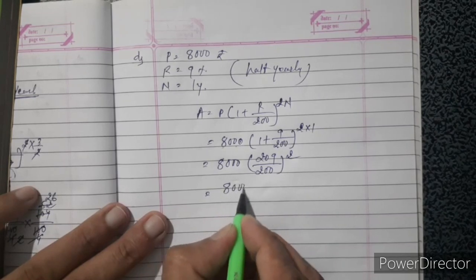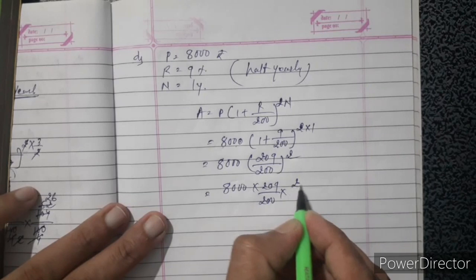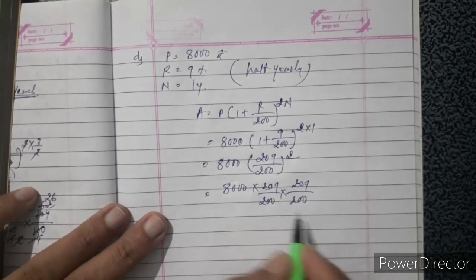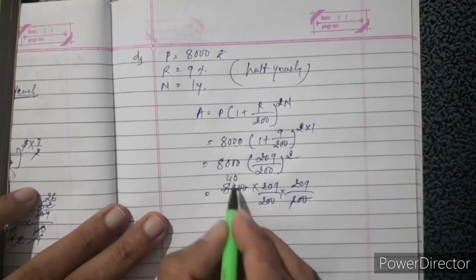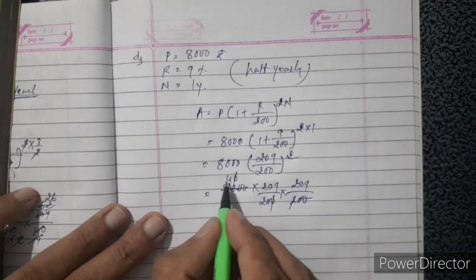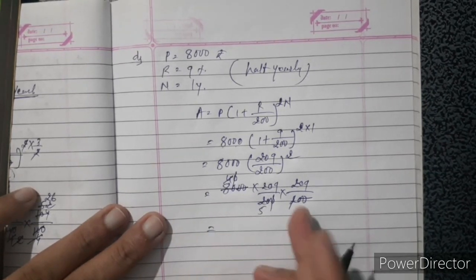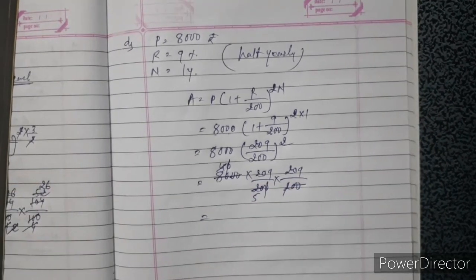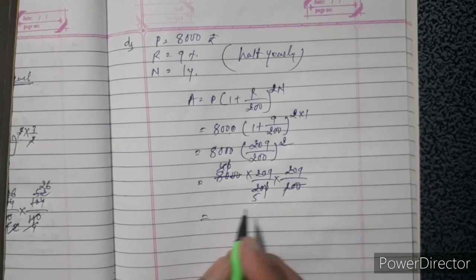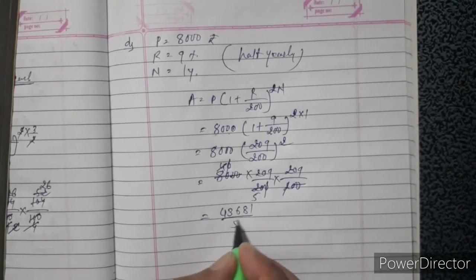that is 8,000 into 209 upon 200 into 209 upon 200. Look, 20 cut, and 2 40s are 10 cut, and here 5s are. Okay, so 209 into 209. The answer is 43681 divided by 5.